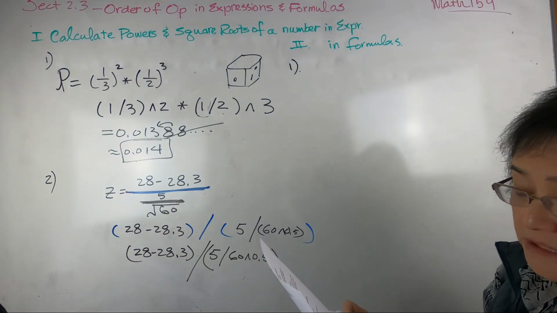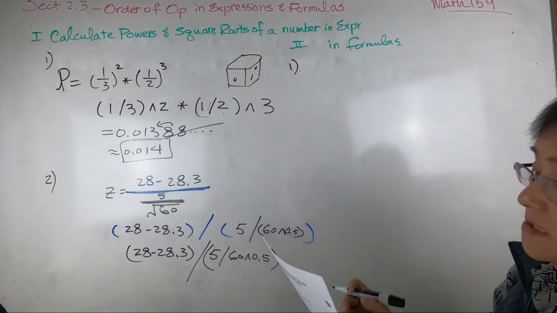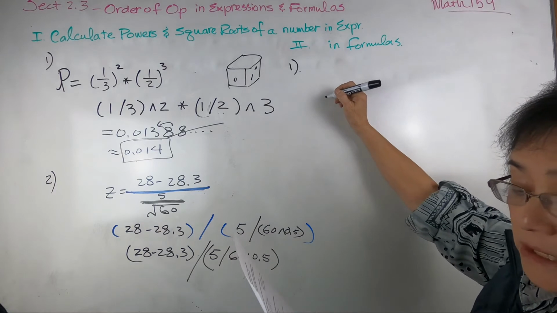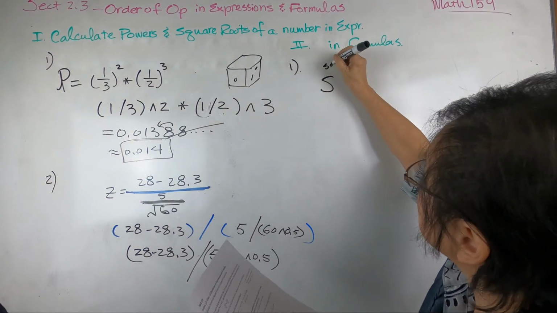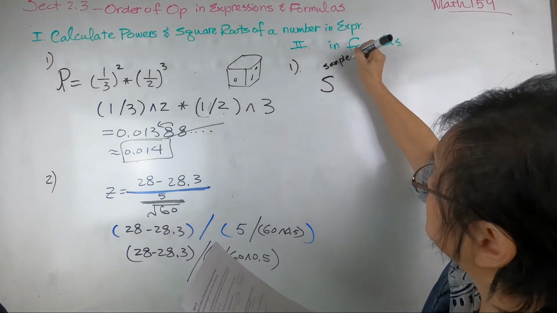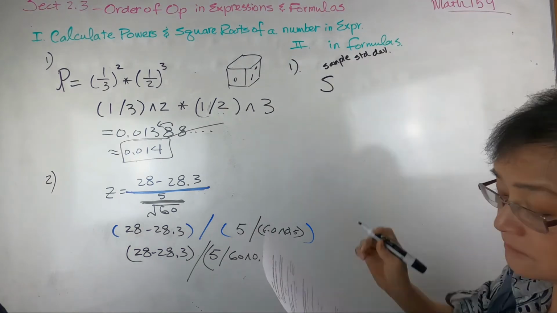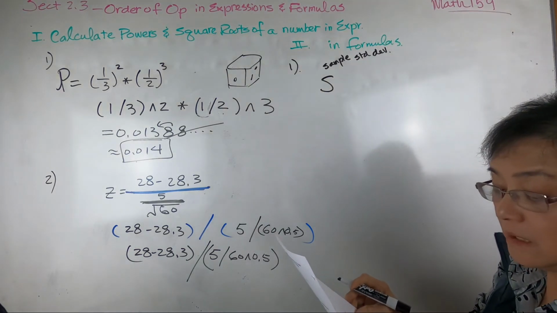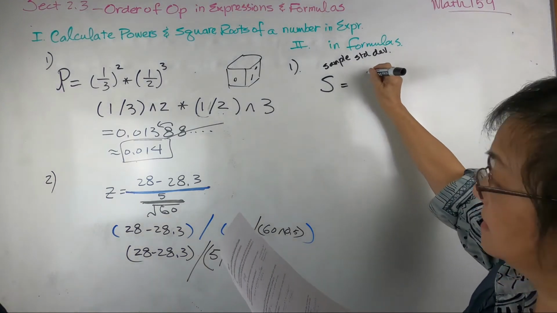For example, suppose there are 3 data values, 3 and 5 and 10. The mean of these values is 6. Then the standard deviation is calculated this way. So we are talking about sample standard deviation, calculated this way.